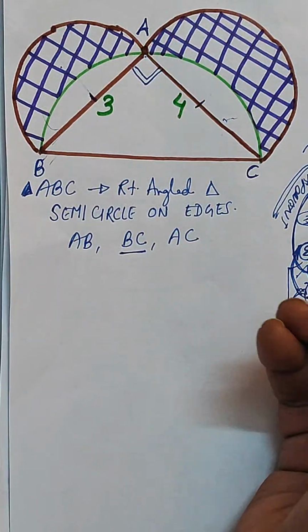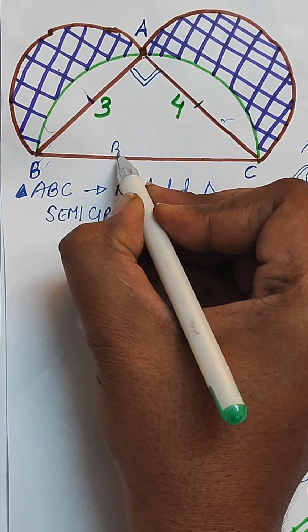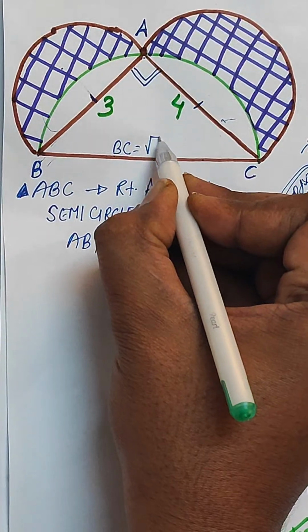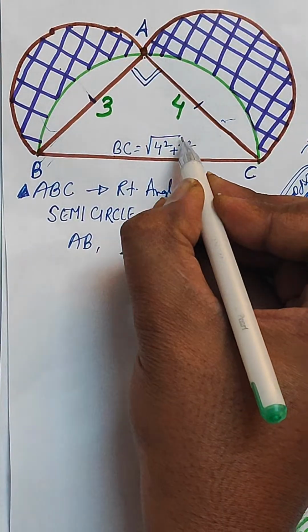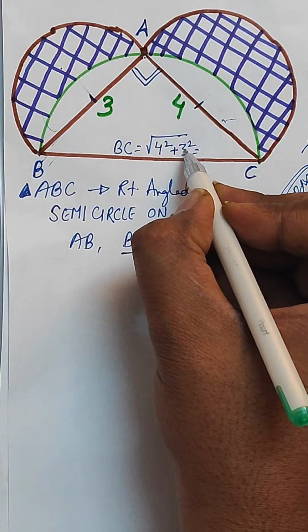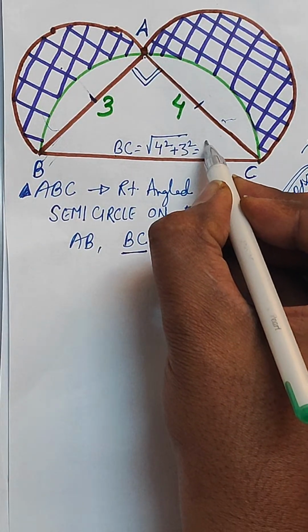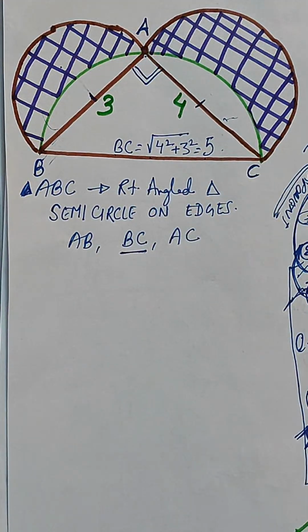Just apply the Pythagoras and you get the length of BC as equal to root over of 4 square plus 3 square, which is coming as 16 plus 9, 25, root 25, which is equal to 5. So BC is calculated as 5.